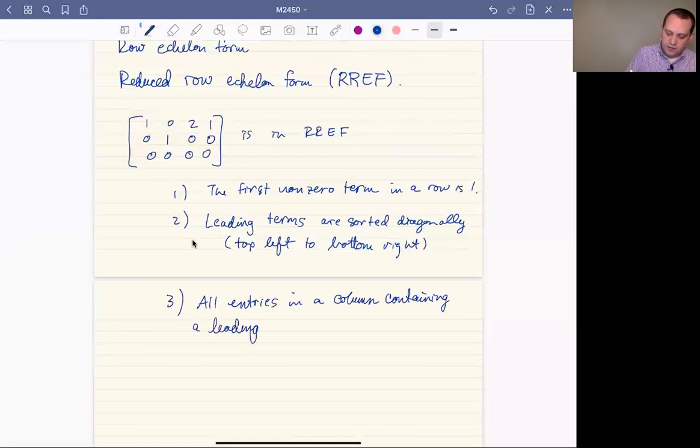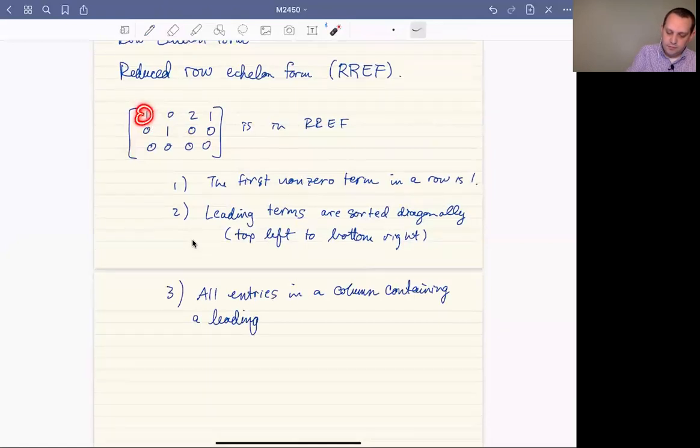So if you have a column that has a leading 1 in it, so here's a 1, but it's not a leading 1, it's not the first non-zero term. If you have a column that has a leading 1, all the other entries in that column need to be 0.